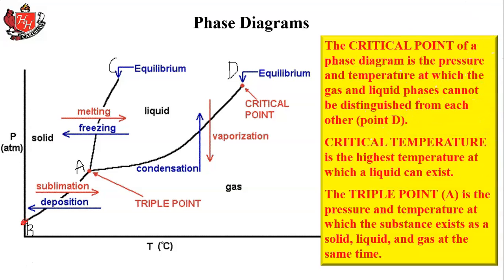Okay, there's a couple of special points on a phase diagram. The critical point of a phase diagram is the pressure and temperature at which the gas and liquid phases cannot be distinguished from each other. So you'll notice that the line in the upper right comes to an end there, right where the letter D is written in.